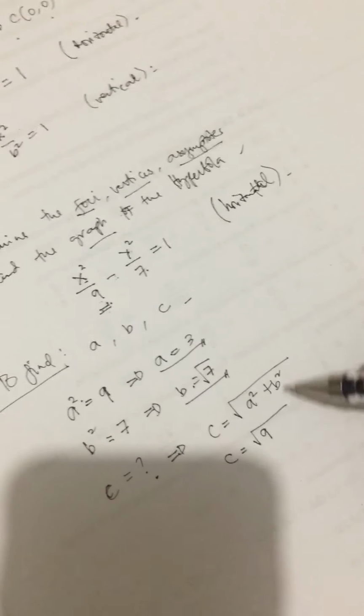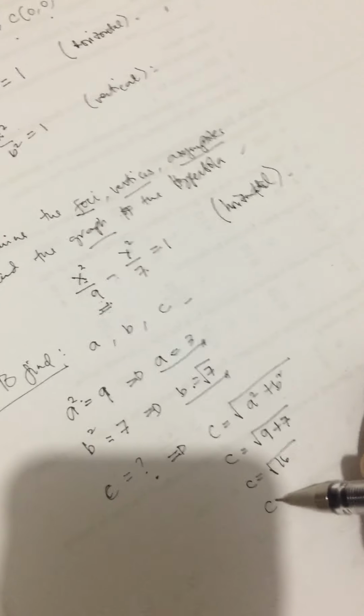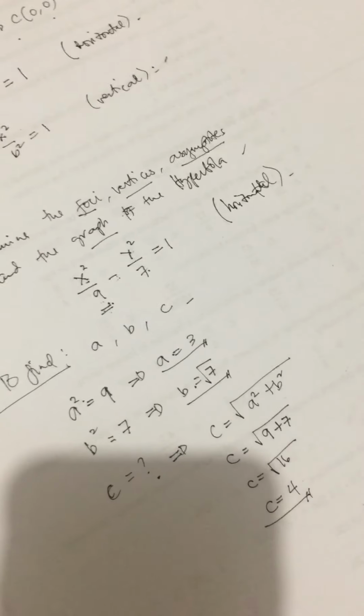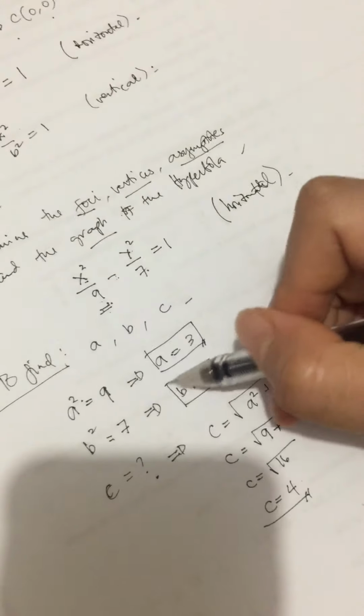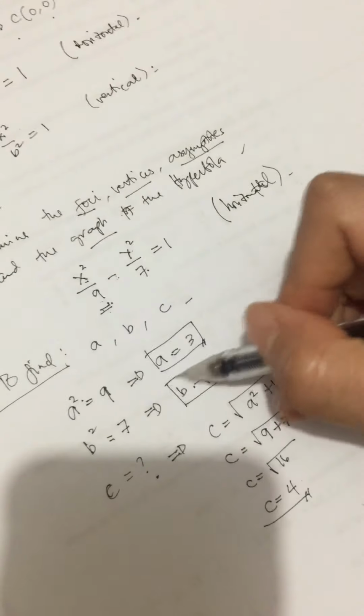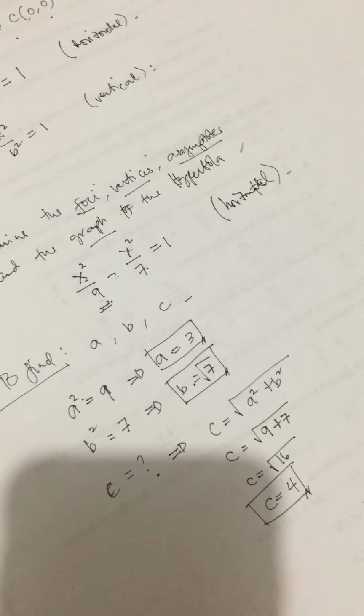That is 9. What is your b squared? That is 7. So c is equal to square root of 16. So c is equal to 4. So we have now our a, we have our b, we have our c. We are going to make use of this for us to get the foci, the vertices, and the asymptotes.